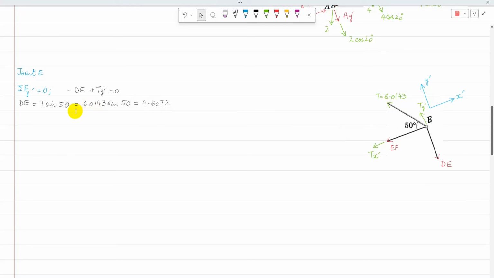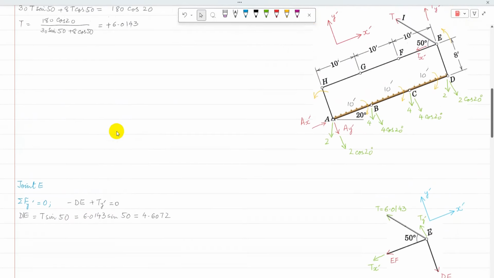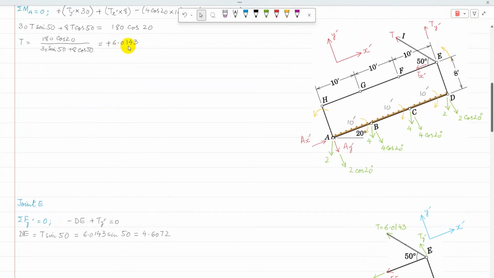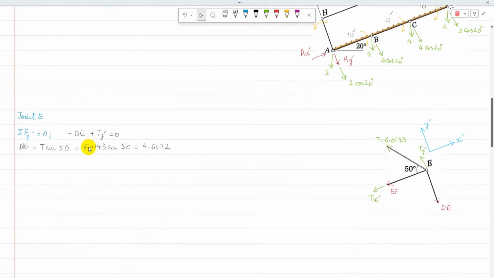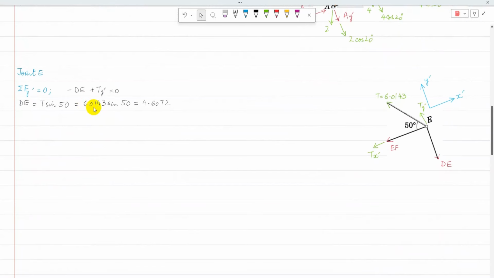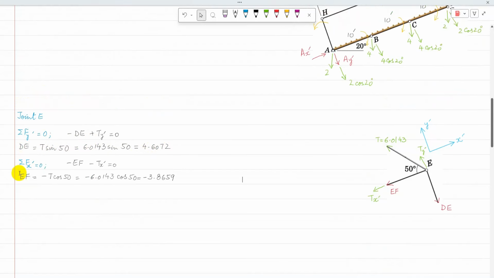T was already calculated as 6.0143 kilopounds. So by substituting the value here, it is 6.0143 sine 50. So DE is 4.60. Next, applying sigma Fx dash equal to 0.